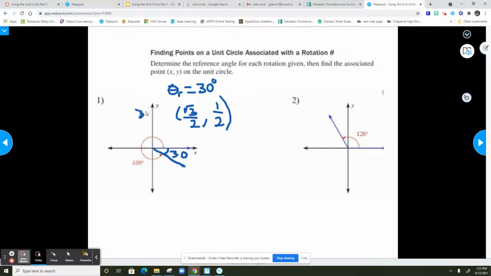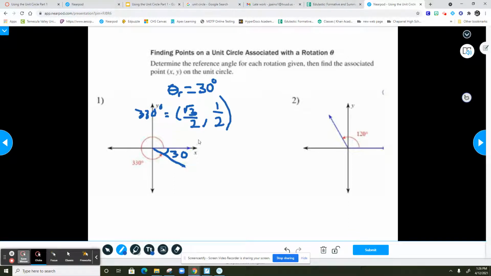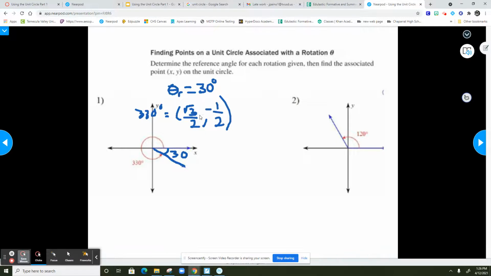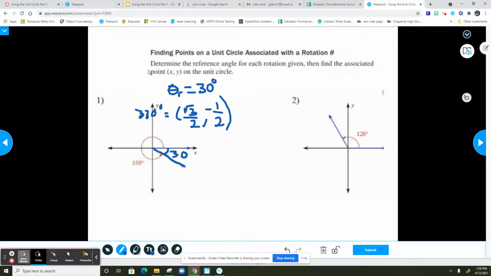What does 330 degrees equal on the xy coordinate plane? That's down here in the fourth quadrant, so my x is positive, but my y is negative. When it says find the associated point xy on the unit circle, you have to make sure you get your signs correct. The reference angle tells you what the x and y are, and then the quadrant tells you their signs. The reference angle only gives you the absolute values, so we need to use our knowledge of the four quadrants to get the right positive or negative sign.